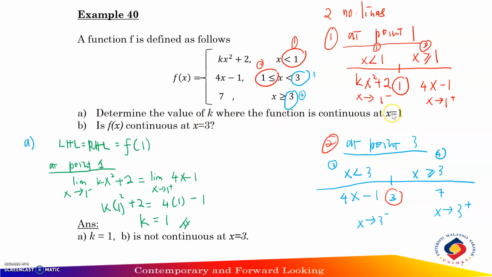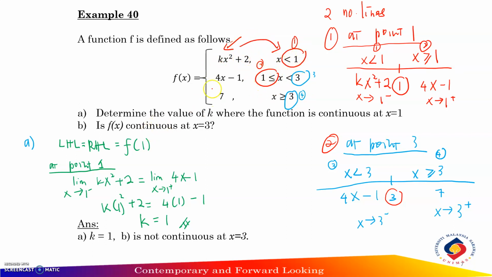For question A, we need to check where the expression containing k is located. The unknown k is in the interval x less than 1 and then at point 1.